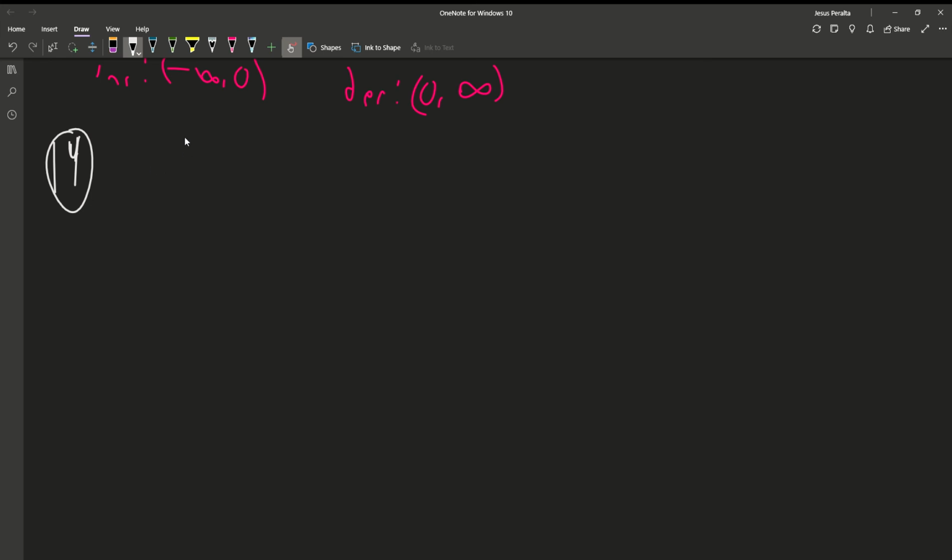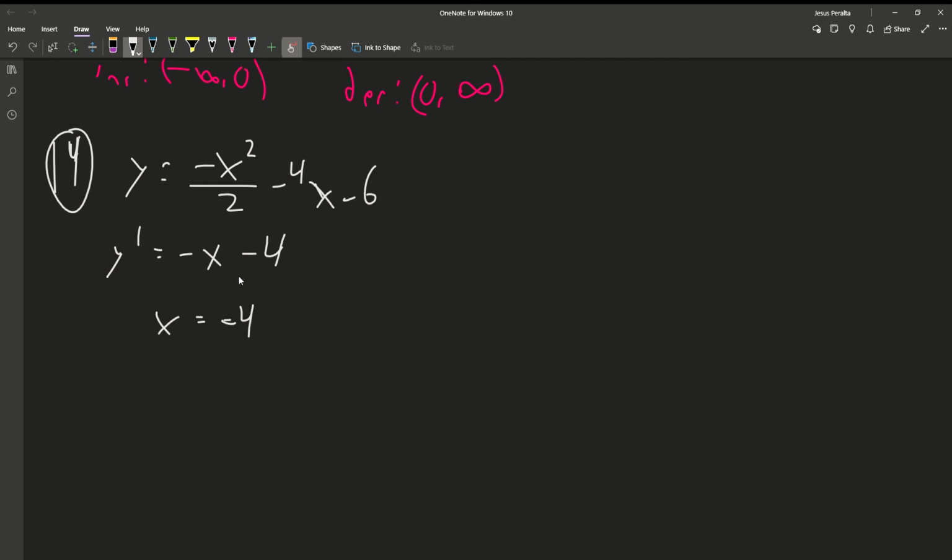So 14, we have y is equal to negative x squared over 2 minus 4x minus 6. Now we have y prime is equal to negative x, and then negative 4x, which would be negative 4. X is equal to negative 1. I mean negative 4.